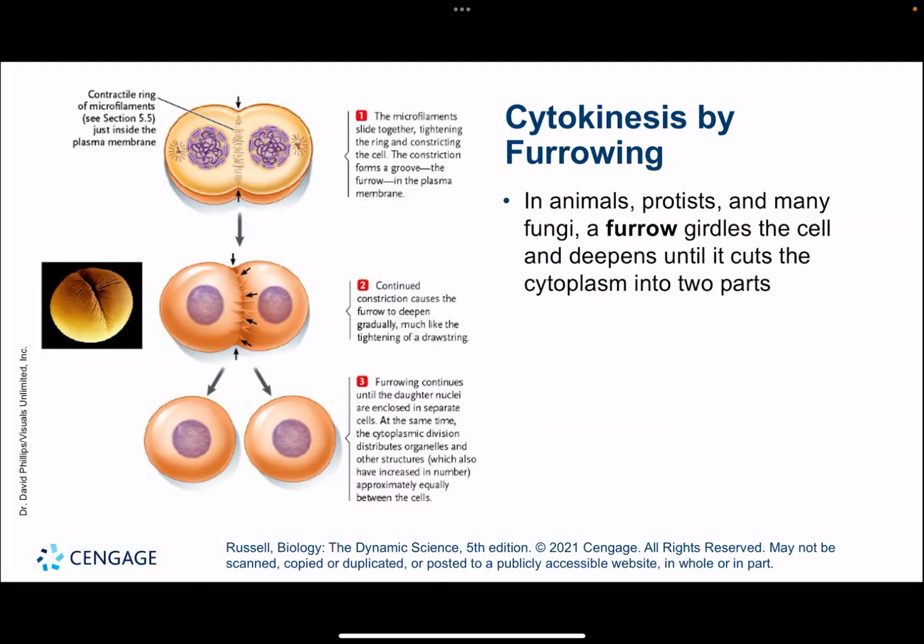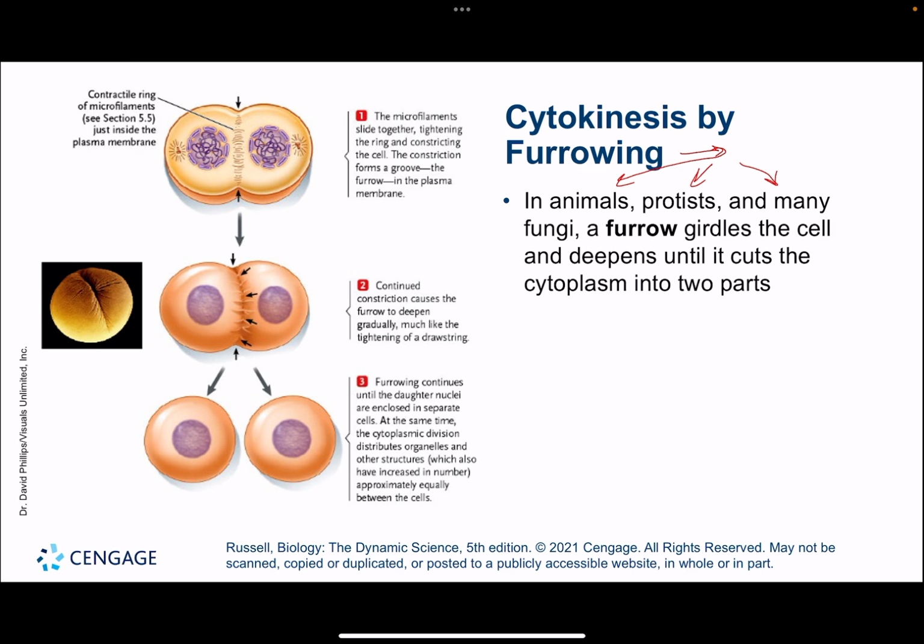There are two types of cytokinesis. One is by furrowing and one is by cell plate formation. Furrowing is observed in animals, protists, and many fungi. So here's what happens when cytokinesis is by furrowing.